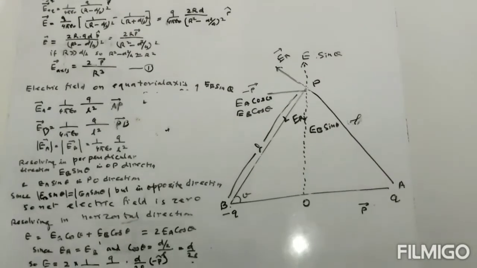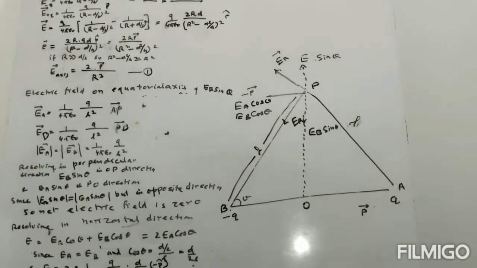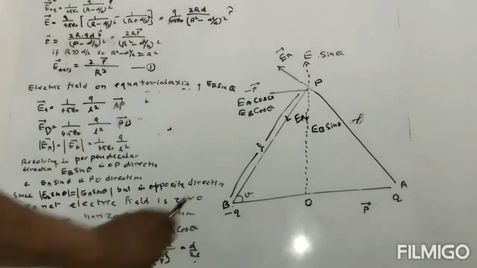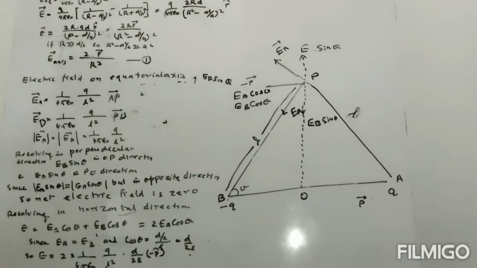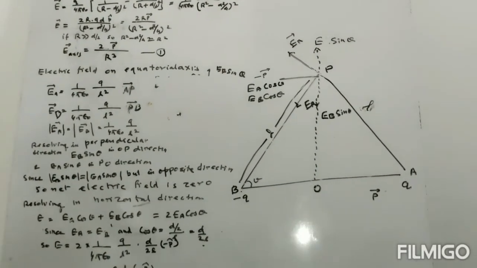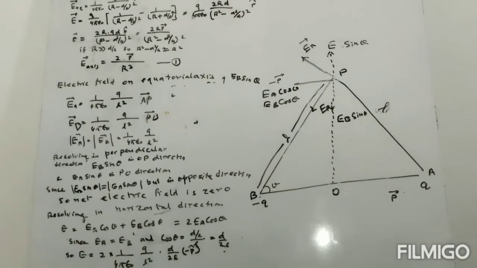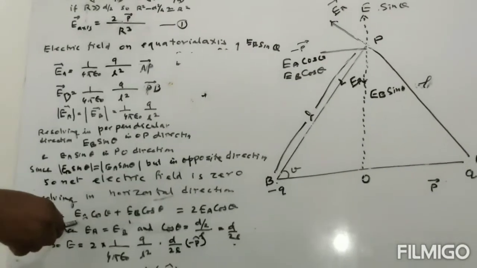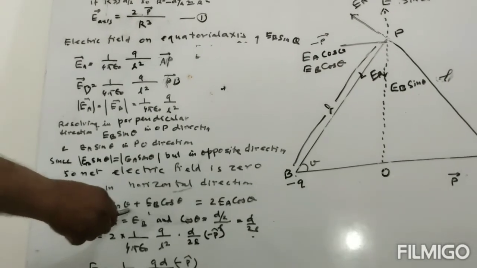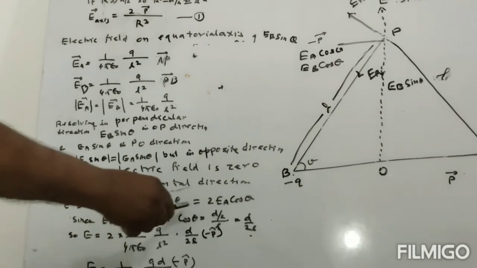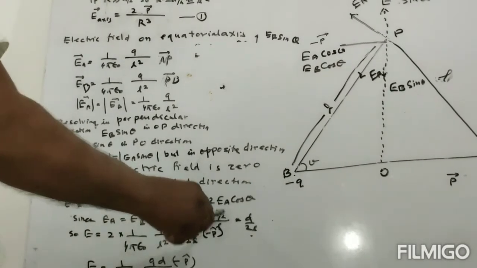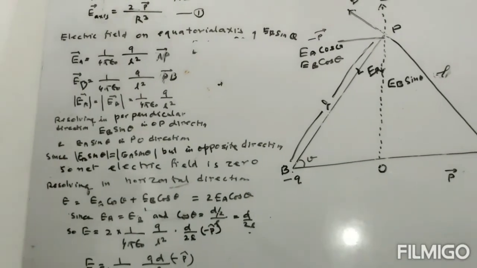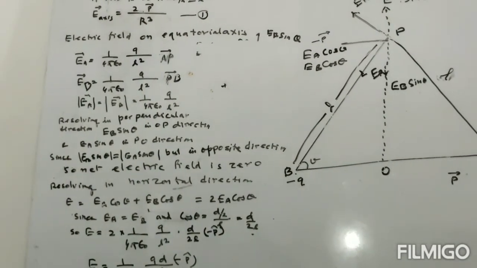So the resultant electrical field will be in the direction of A to B, which is opposite to the direction of dipole moment. Now total electrical field will be equal to EA cos theta plus EB cos theta, that is equal to 2 EB cos theta, since the magnitudes of EB and EA are equal, and we can put the value of cos theta.